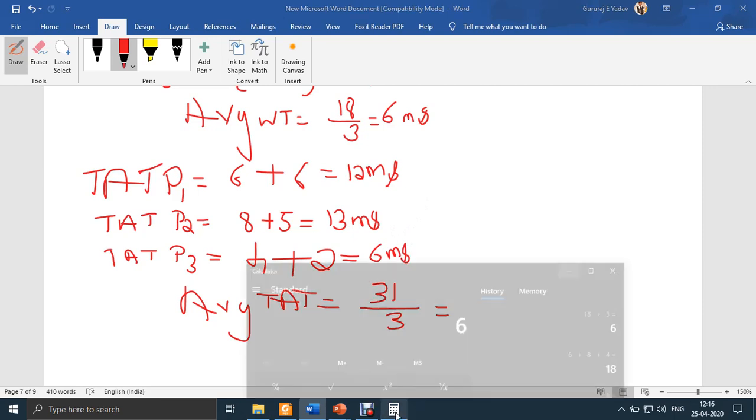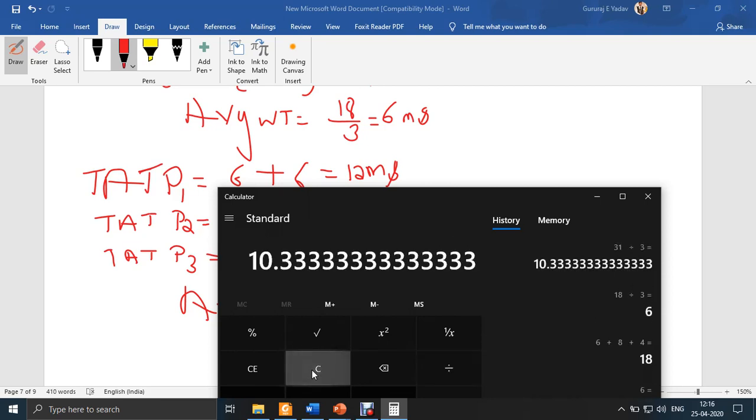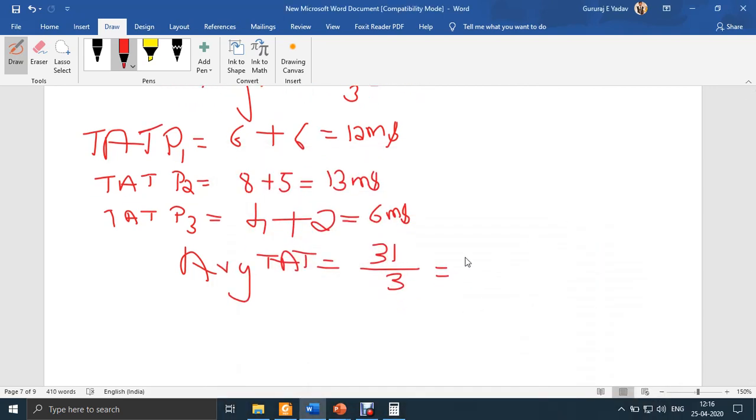So 31 by 3. 31 divided by 3 equals 10.33 milliseconds. So this is the average turnaround time for this example. Okay, so hope you are getting this.